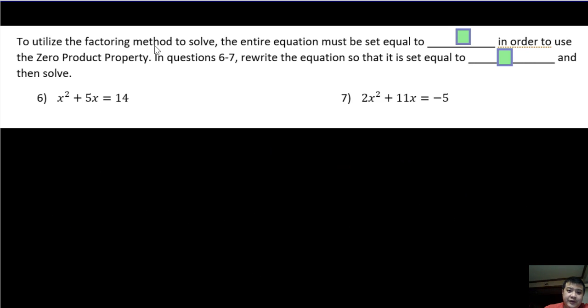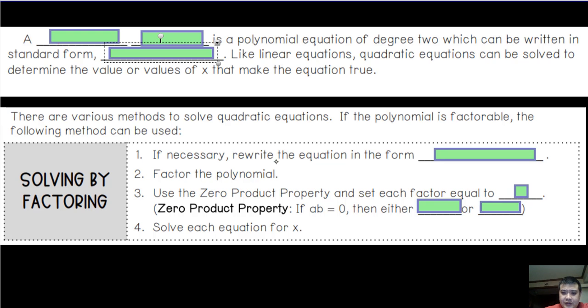To utilize the factoring method to solve, the entire equation has to be set equal to 0 in order to use the zero product property. In questions 6 and 7, rewrite the equation so it is set equal to 0 and then solve. So here, we're going to have to do that first step that we talked about earlier. It says, in order to solve, if necessary, rewrite the equation in the form ax² + bx + c = 0.